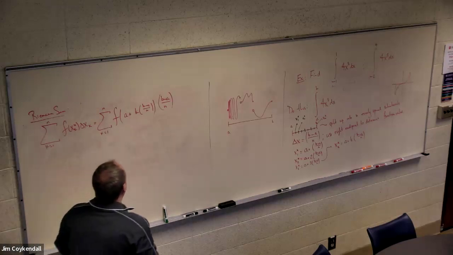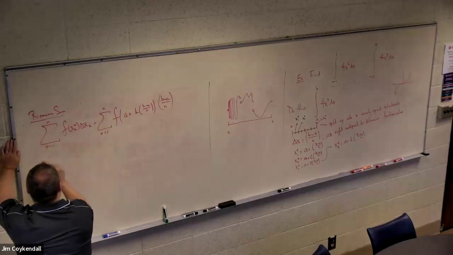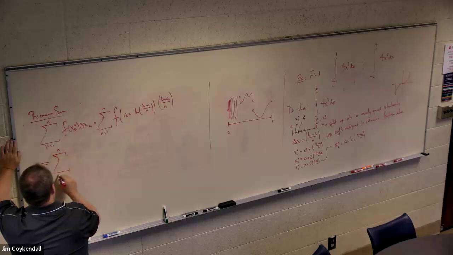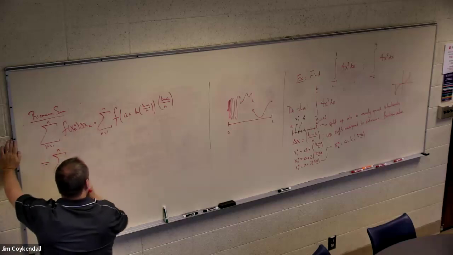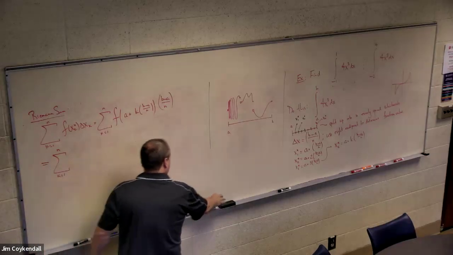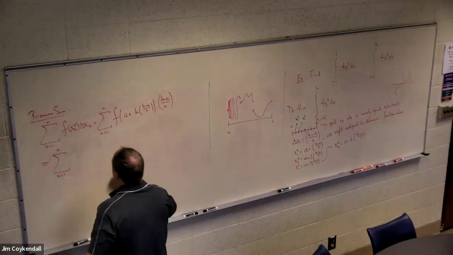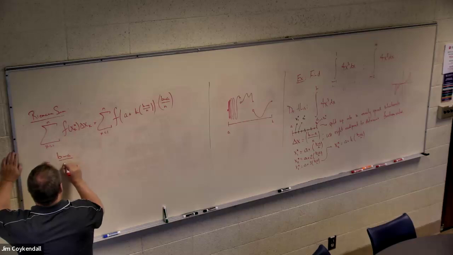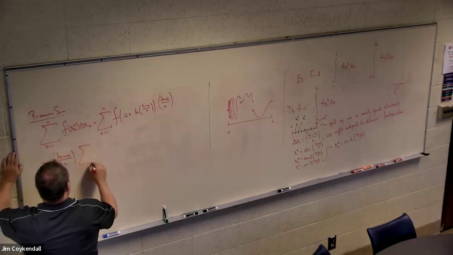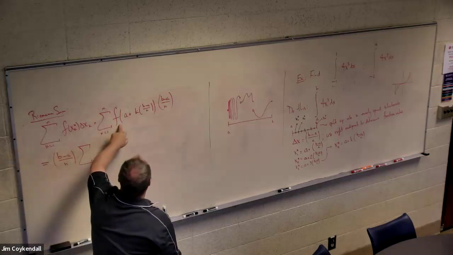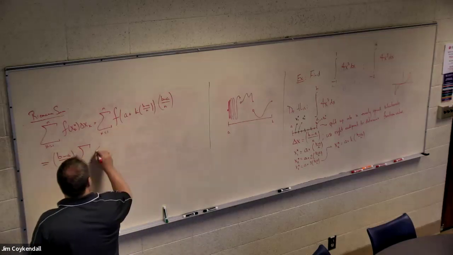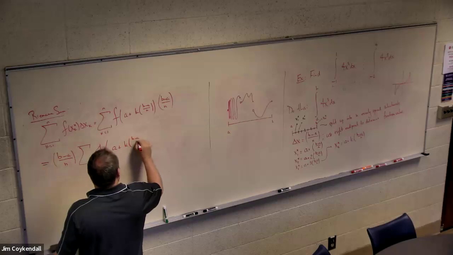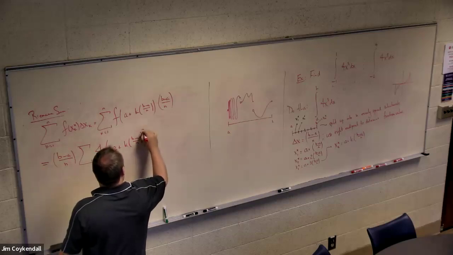And the last thing I've got here is my function, 4x cubed. Actually, what I'm going to do here is pull this (b minus a) over n out the front. So this is (b minus a) over n times the sum of 4 times (a plus k(b minus a)/n) cubed.